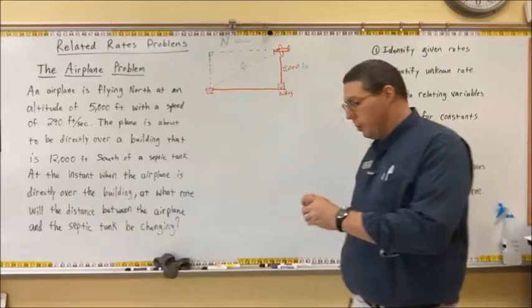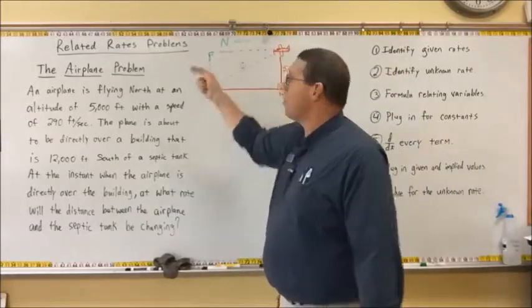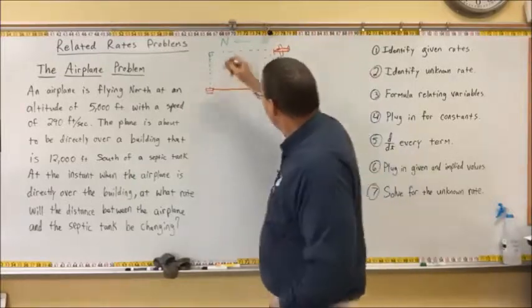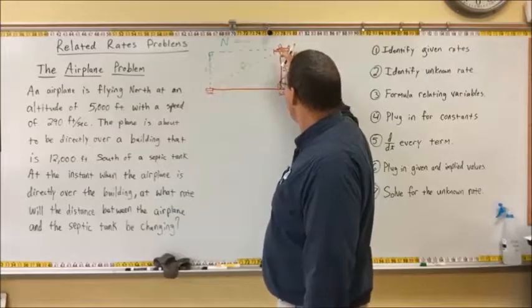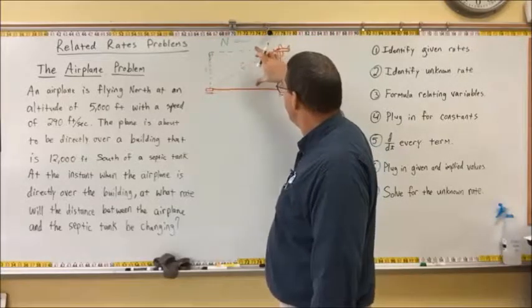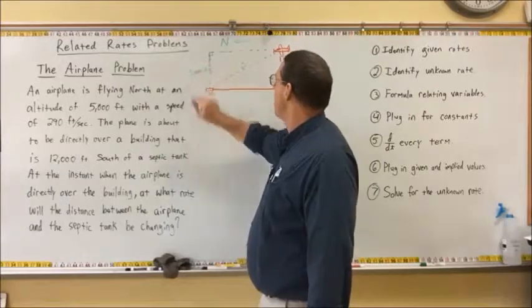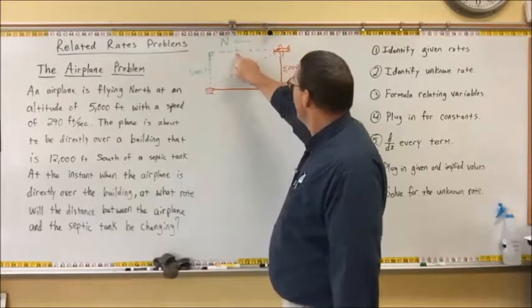And now hopefully you can get a better understanding that this distance is getting shorter because the airplane is flying that way. Okay? So we're going to call this height A, which is still 5,000 feet, because if the plane is flying at 5,000 feet, it'll be at 5,000 feet the whole way. So A is 5,000.